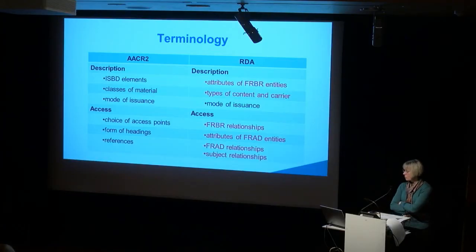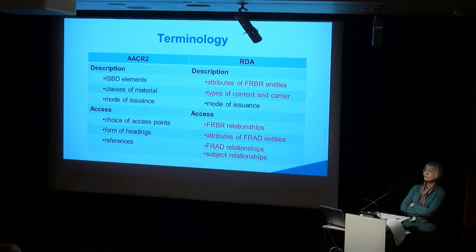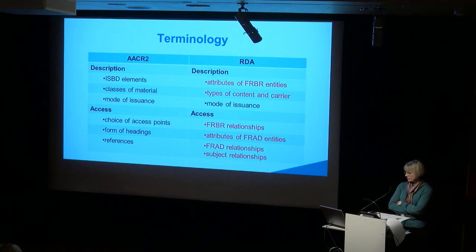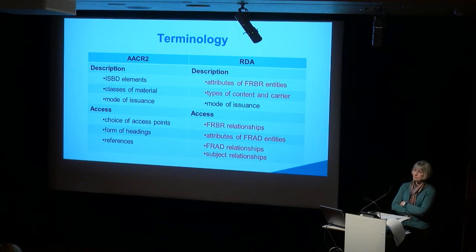And also we'll be looking at attributes of FRBR entities, types of content and carrier, FRBR relationships, FRAD relationships. It gets rather difficult. So some of us still refer to access points, forms of headings.